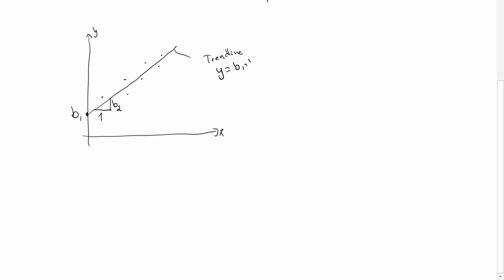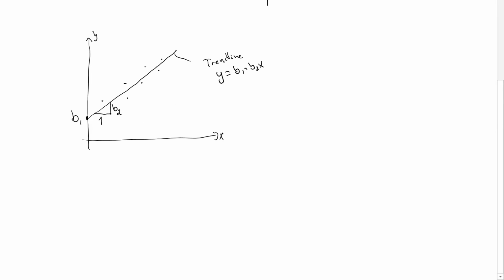The trend line has an equation y is b1 plus b2x, which is valid for all x's. The points, the data or our observations, are points such as this one, xi, yi.